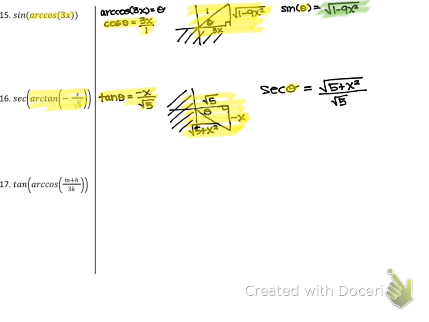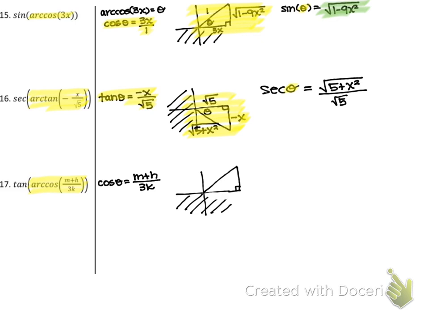Okay, last one, arc cos. Now I have no reason to believe that those are negative, so I'm just going to assume that they're positive. Basically, this says that cosine ratio is m plus h all over 3k. It did start as an arc, though, so restrict it. Can't be there. Don't assume any of the variables are negative unless you're told the ratio is negative.